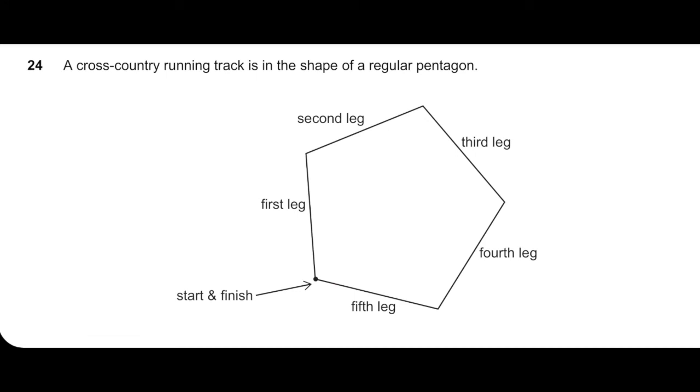So immediately you should be thinking, what is the interior angle of a pentagon? And it is 108. So let's label that 108. And they gave us the information that this angle here is 110.